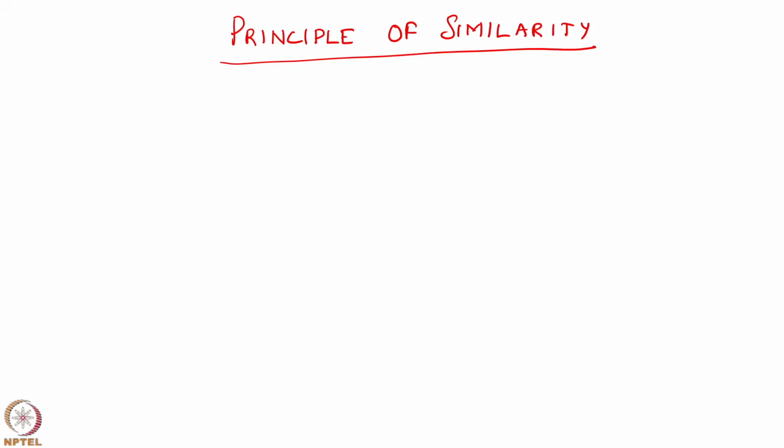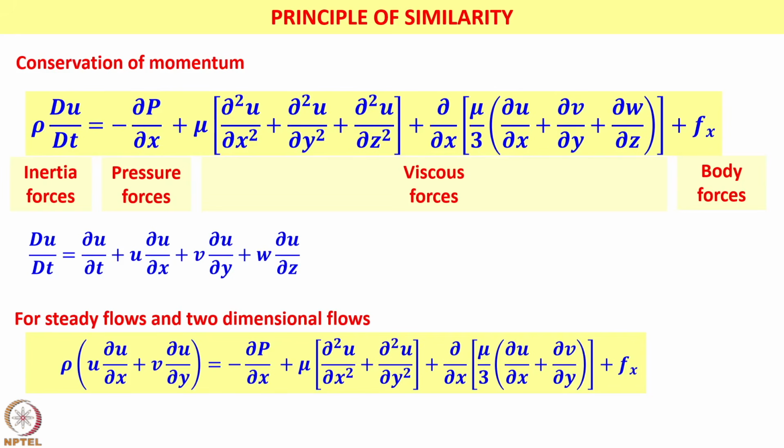In the conservation of momentum, this is your momentum equation. You can see that this is the x momentum equation. You have the inertia force, this is the pressure force, these are the viscous forces, and this is the body force.